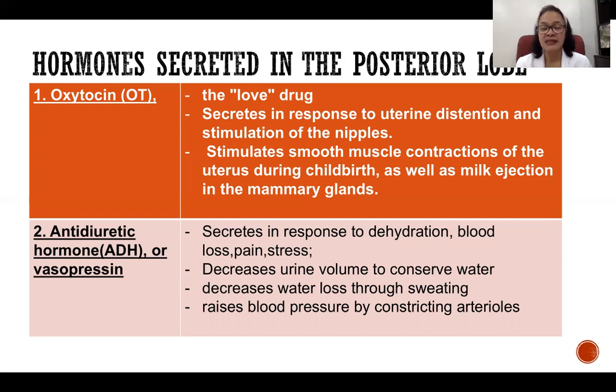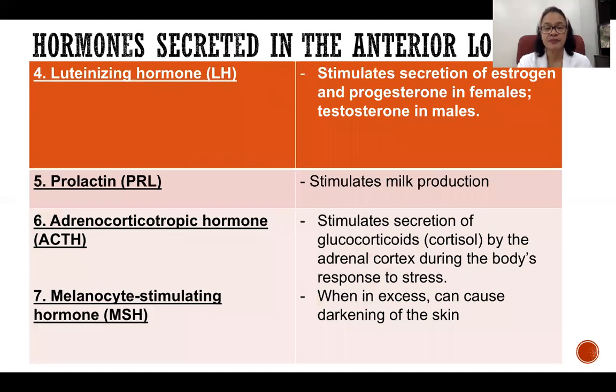And we have the ADH, or the vasopressin, which is secreted in response to dehydration, blood loss, pain, and when any person has stress. And it decreases urine volume to conserve water. It decreases water loss through sweating, and it raises blood pressure by constricting arterioles.